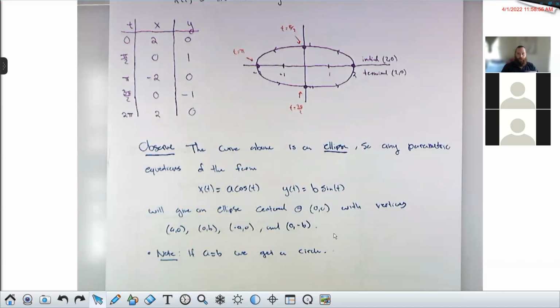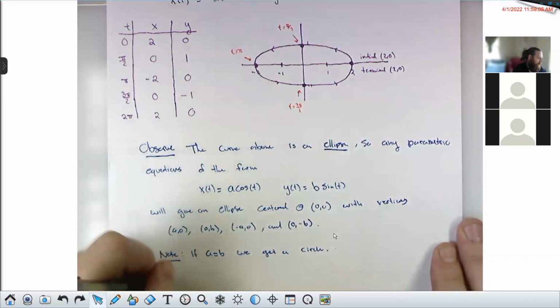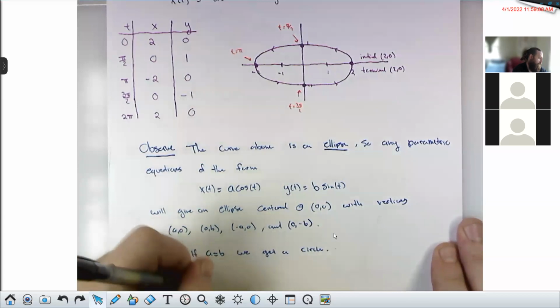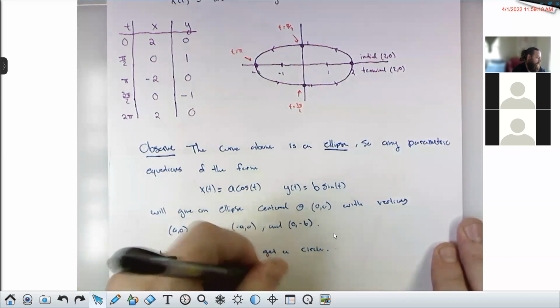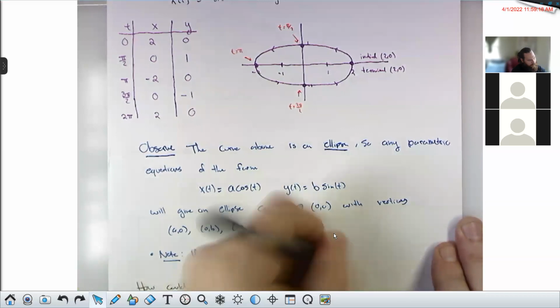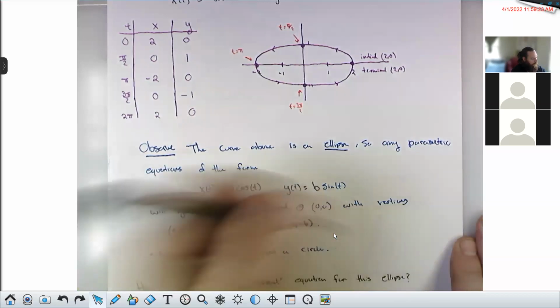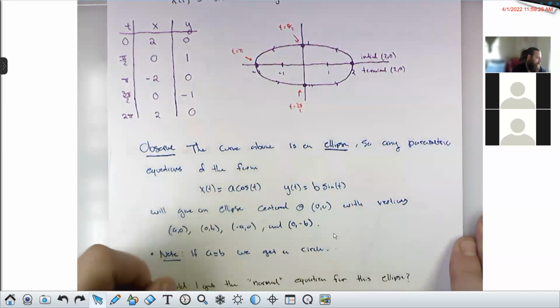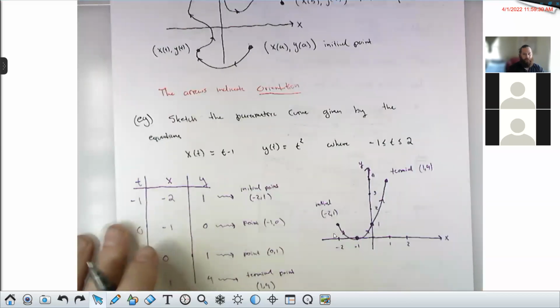The other thing I want to introduce today, and then after this I will let you go, is how do you go back and forth to the normal equation for this ellipse, or for the, we didn't say it, but this thing is a parabola.